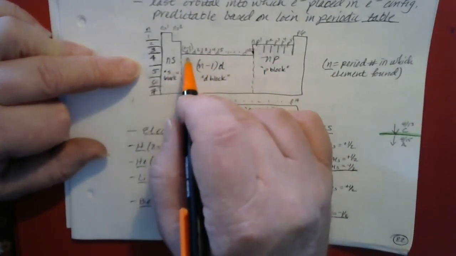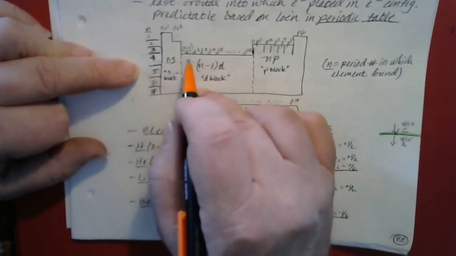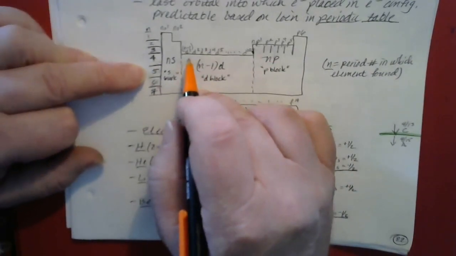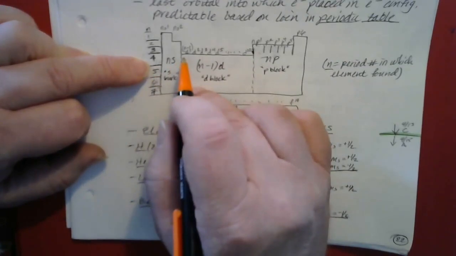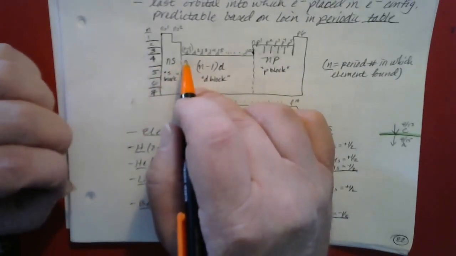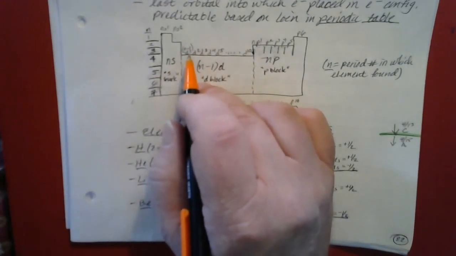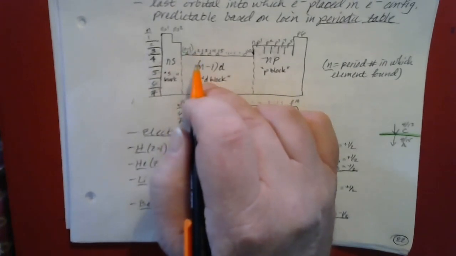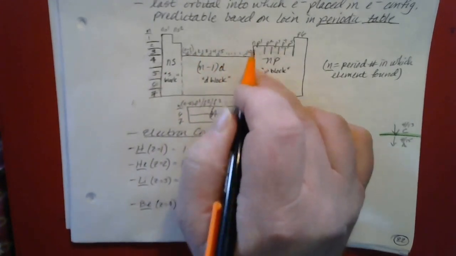So if we're talking about scandium, which is the first element in the D block in period 4, the last electron to go into scandium would be in a 3d orbital because 3 is 4 minus 1. And it's in the D block, so the last electron would be in a d orbital. And in fact, it's the first element in the D block, so that would be 3d1. And the next one over would be 3d2 and 3d3 and so on up to 3d10.